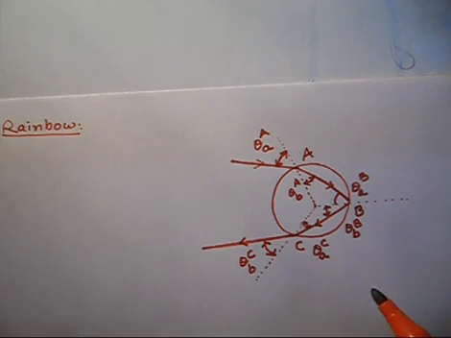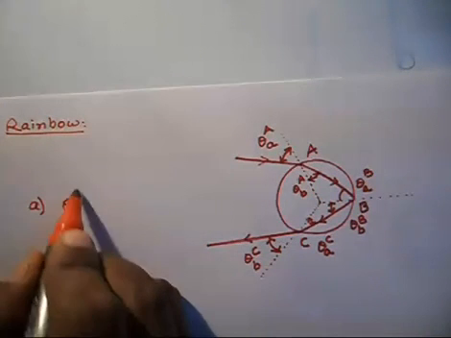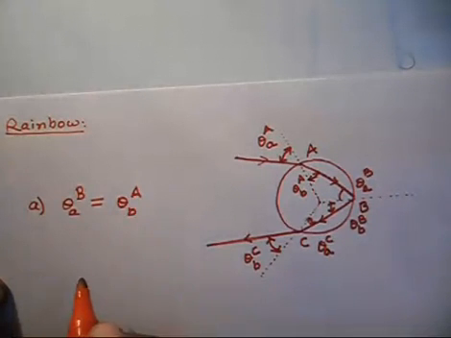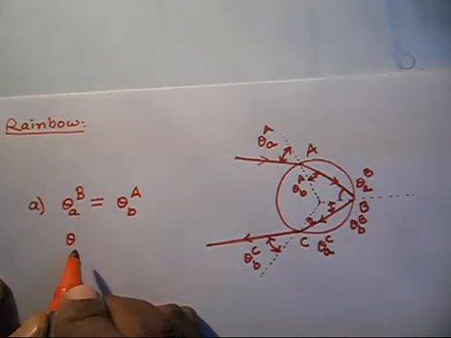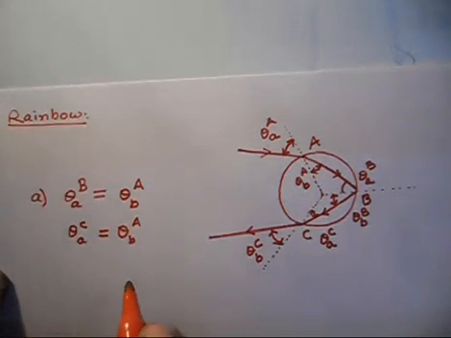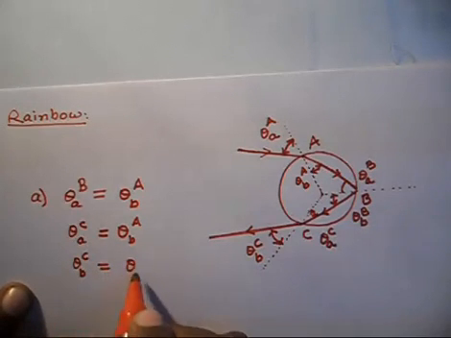The angles of incidence and refraction, theta A and theta B, are shown at points A, B, C, and the angles of incidence and reflection are shown at point B. You have to prove first that theta A at B is the same as theta B at A. Then you have to show theta A at C is the same as theta B at A. And then you have to show theta B at C is the same as theta A at A.